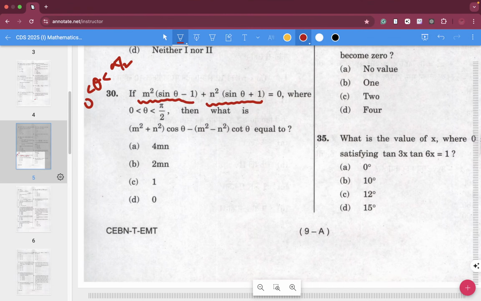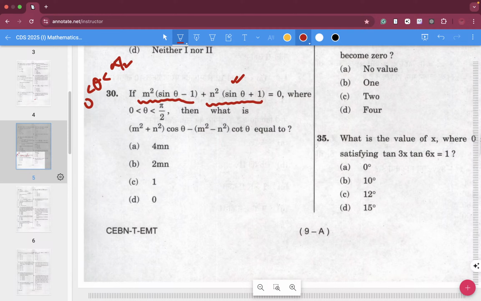Can you think of some values of theta over here? If you take any values, this value will be positive only. So we really can't take any values of theta over here, can we?